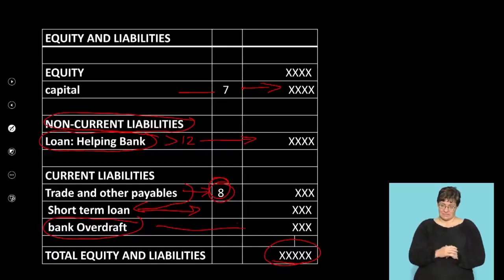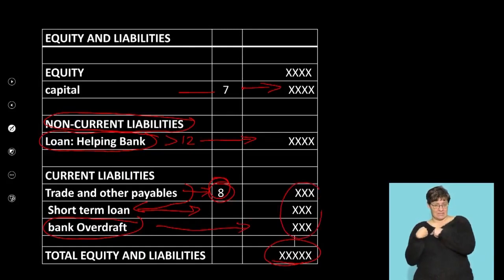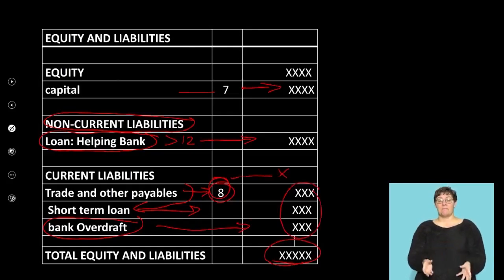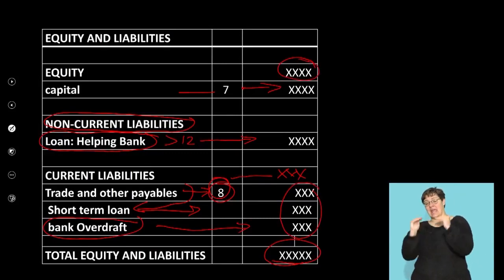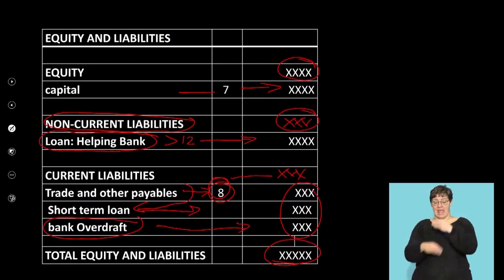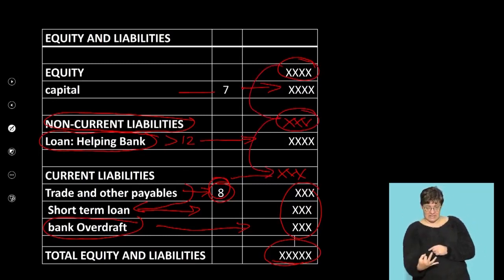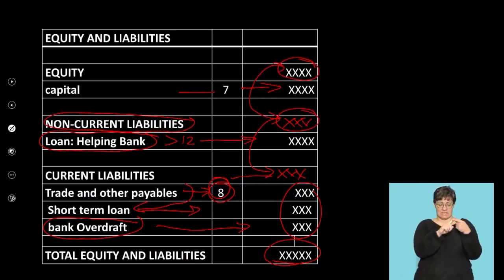Okay, so there we go. I then add up my current liabilities to give me the total of my current liabilities. I now add my equity plus my non-current liability plus my current liability, so component 1, 2, and 3, right? So what is it? It's my equity, my non-current liabilities, and my current liabilities that will then give me my total equity and liabilities.